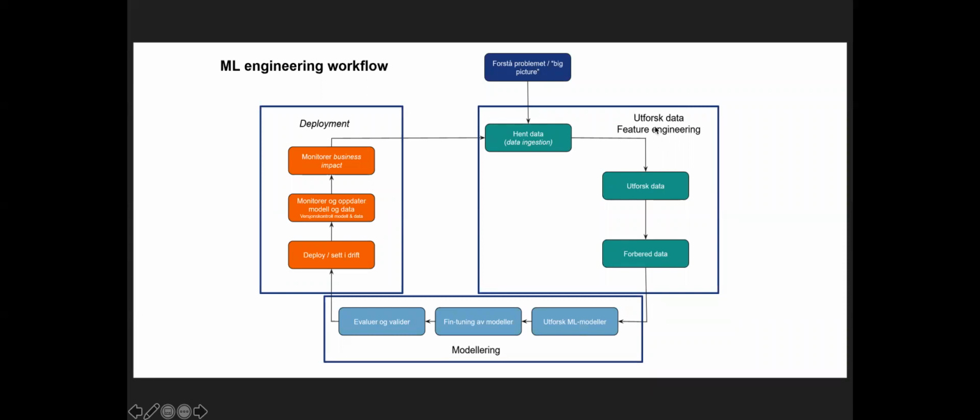Then you get the data and do feature engineering and the modeling that you have been working on. You're familiar with these two components. The third part is deployment, and this is potentially the most challenging stage. This is what we are going to look into in this module.